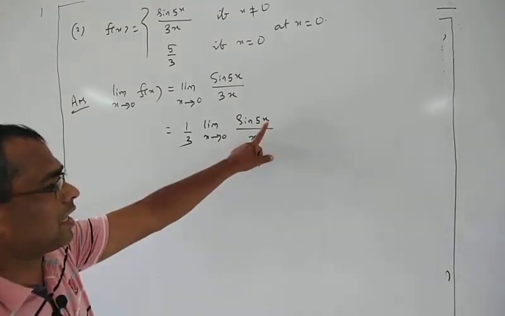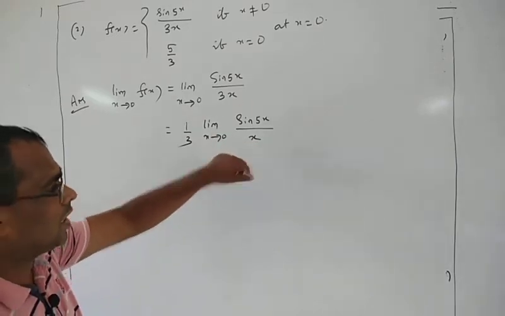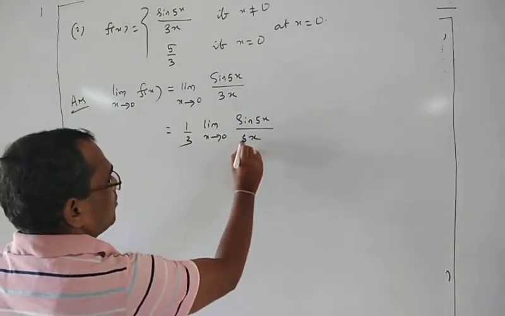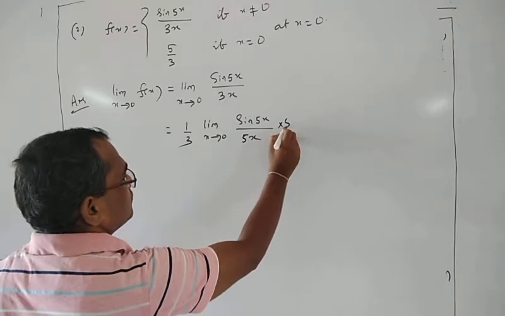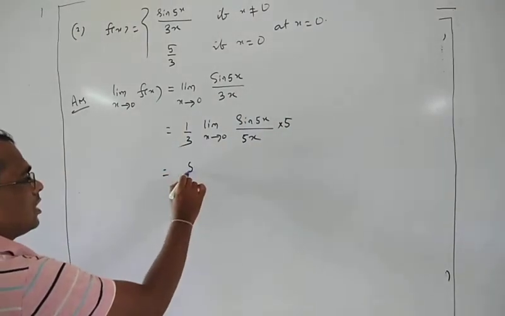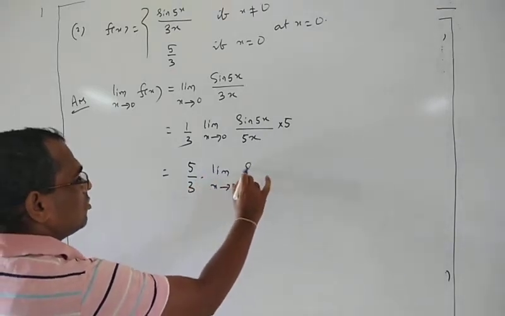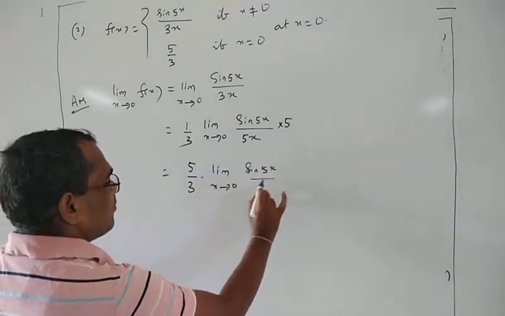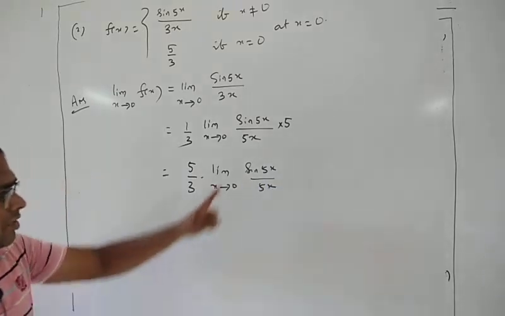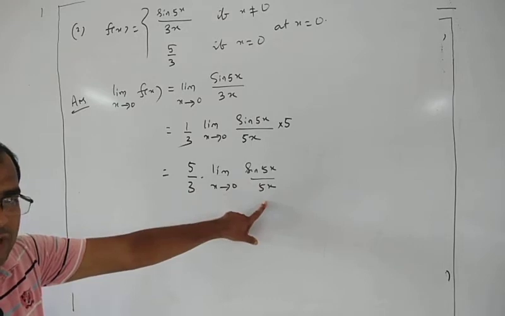Here the angle is 5x and the denominator is x. To make the angles equal, you have to multiply by 5 into 5. Then taking 5 by 3 outside, it is equal to 5 by 3 into the limit as x tends to 0 of sin 5x by 5x.